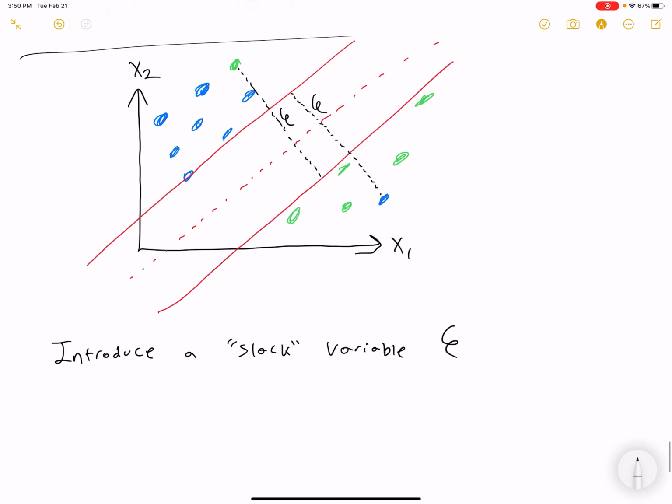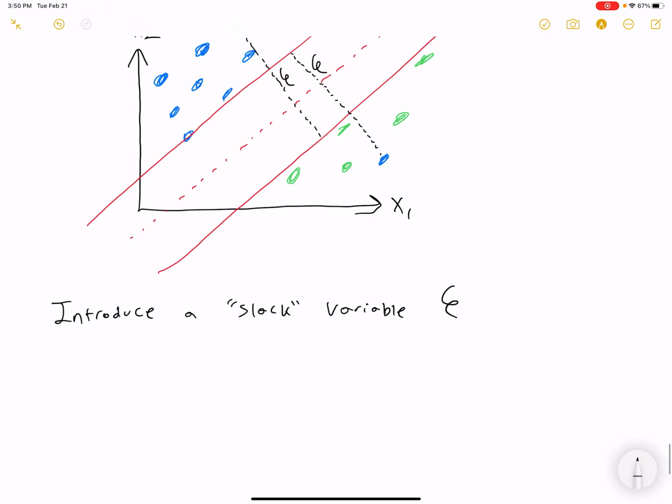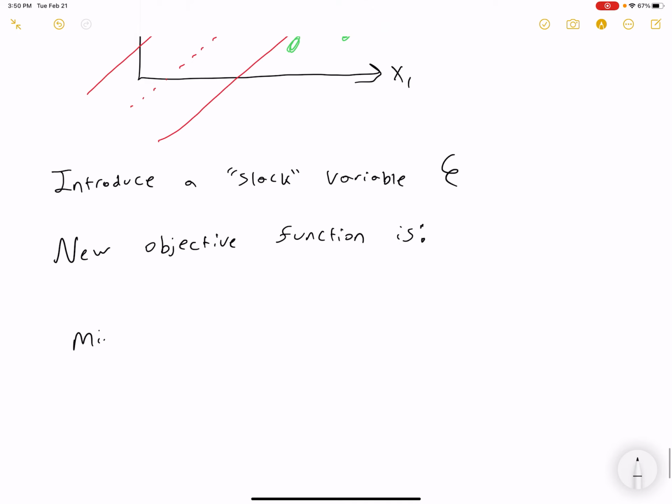And so our new objective function is to minimize the norm of W, just like before, just like for hard margin.